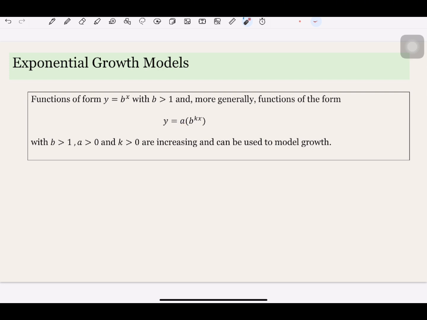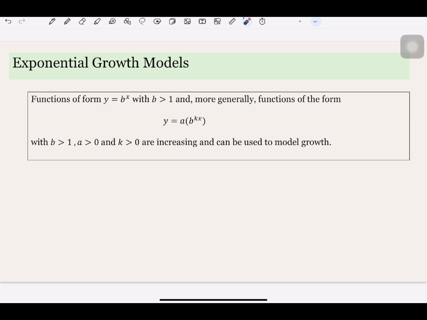This is the initial value or starting amount, and here we consider the value of k should also be greater than 1, because this affects how fast the growth happens, the growth speed. When all these conditions are met, the function is increasing and it models growth.